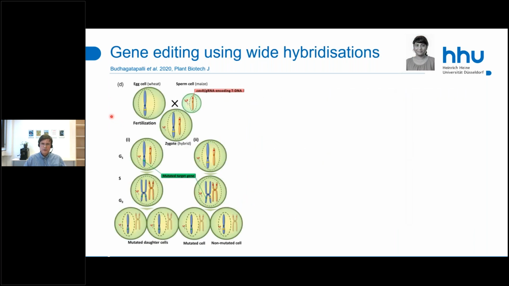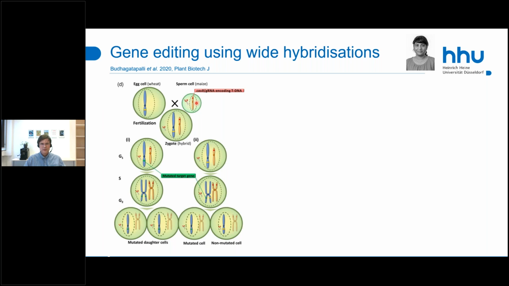Another application of this technology has also been illustrated in the group of Jochen Kumlin by Nagu. So they made use of the fact that you can use wide hybridization, so that you can fertilize egg cells of one species with pollen of another species.